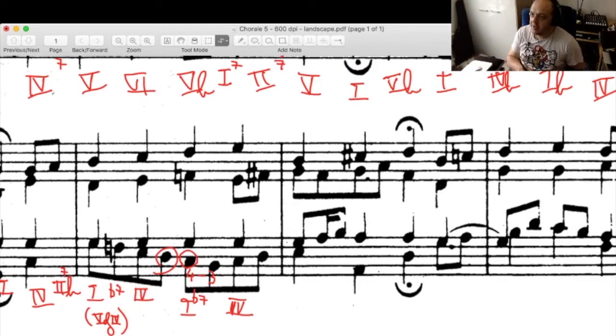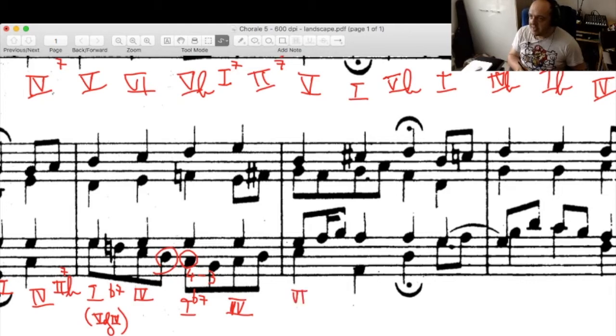Now what's happening here? I have chord 4. These 2 notes create chord 5, but there is the 4th here of chord 5, which doesn't really go anywhere. There's chord 6.